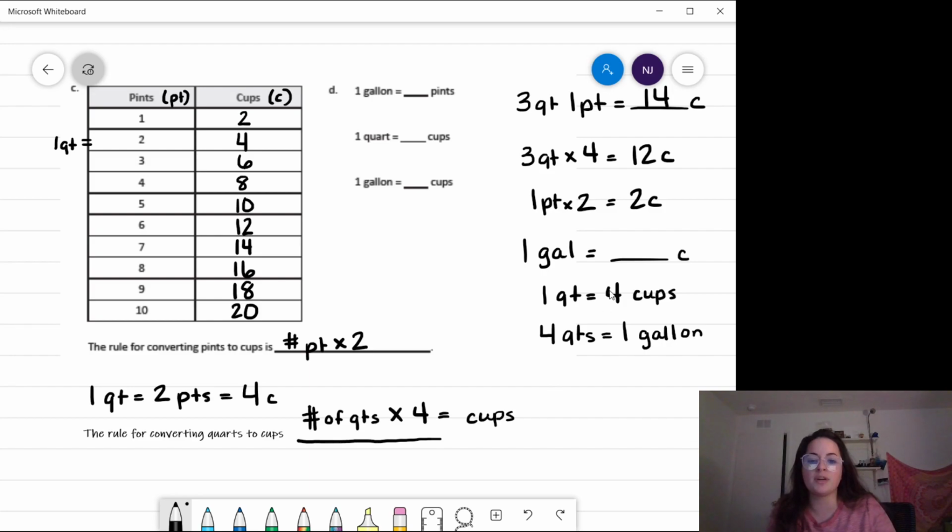So if 4 cups are in 1 quart and we've got 4 quarts, we're going to multiply these 4 cups times 4, and that is going to give me 16 cups in 1 gallon.